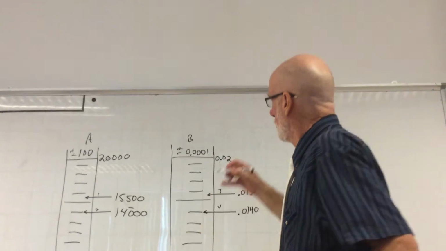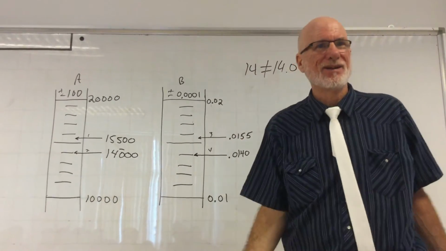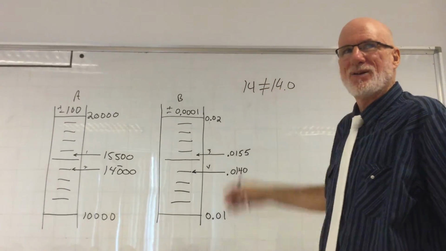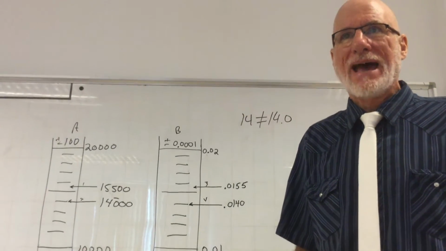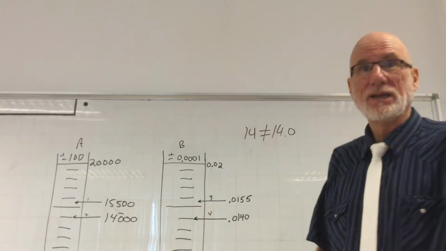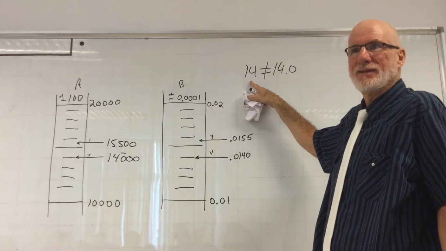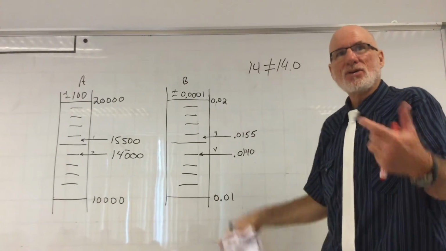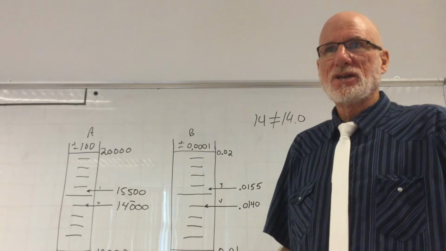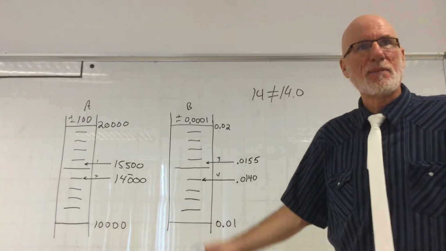Scientifically, 14 does not equal 14.0. This has 2 significant figures, this has 3 significant figures. Mathematically, the magnitudes are equal, but in terms of science, they're not equal. Isn't that annoying? If the answer was 14.0 and you put 14, you wouldn't receive any credit. Am I going to test the knowledge of a 15-year-old by whether they can use a calculator and come up with the number 14?